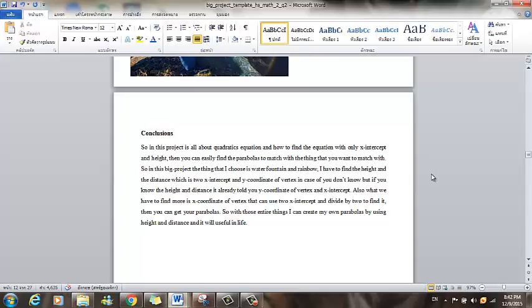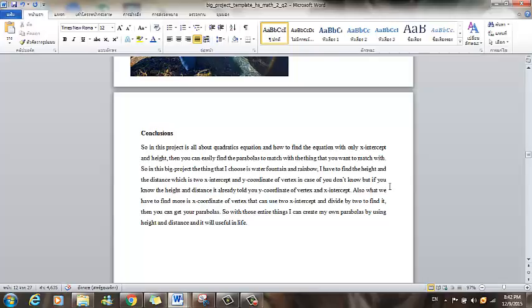In this big project, the things that I chose are a water fountain and a rainbow. I have to find the height and the distance, which are the 2 x-intercepts and the y-coordinate of the vertex.